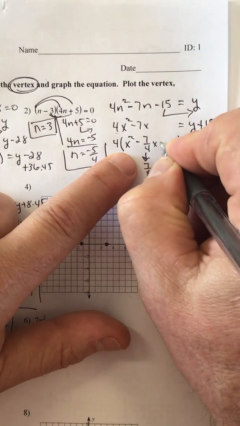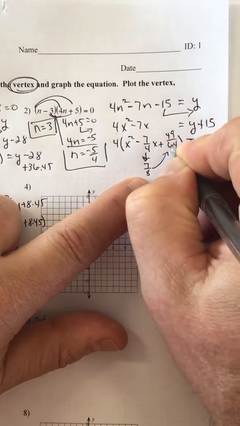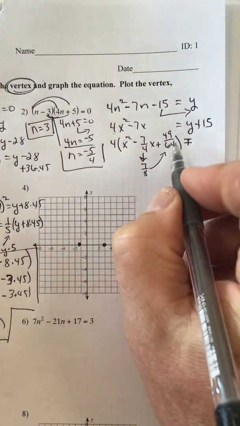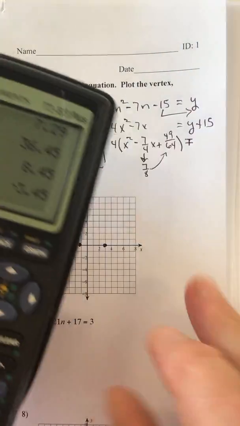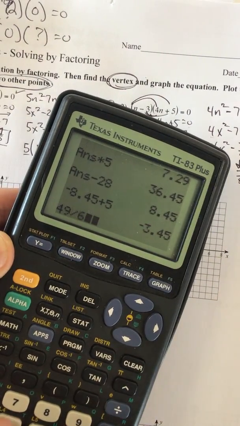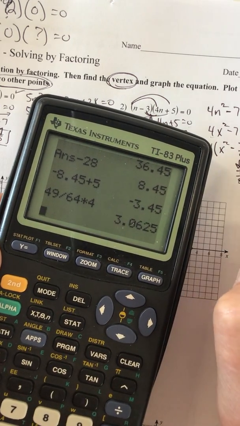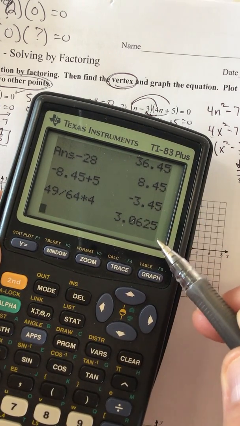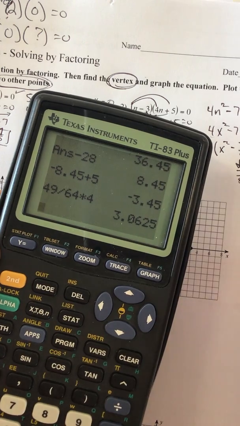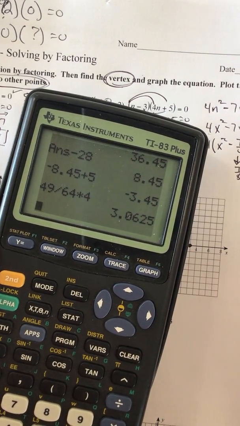So squaring that up, 7 squared is 49, 8 squared is 64. So there it is as a fraction, but it was really multiplied by 4. I'm going to in turn get the rest of it from my calculator. So 49/64 times 4. So really on that side, I added 306.25. So I'll also add 306.25 over here.